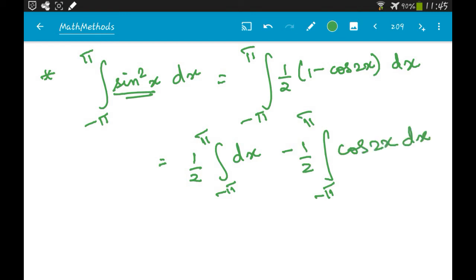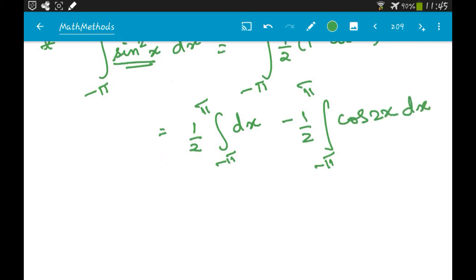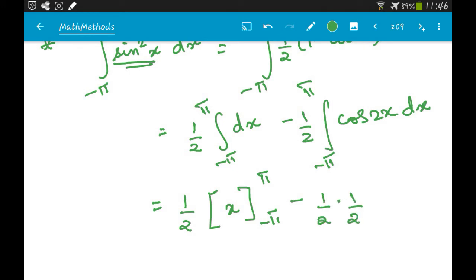So this will be half into x from minus pi to pi, minus 1 by 2 into 1 by 2 sine 2x from minus pi to pi.